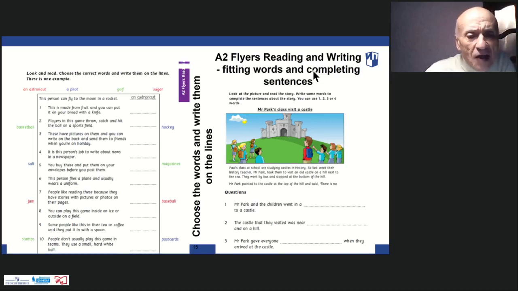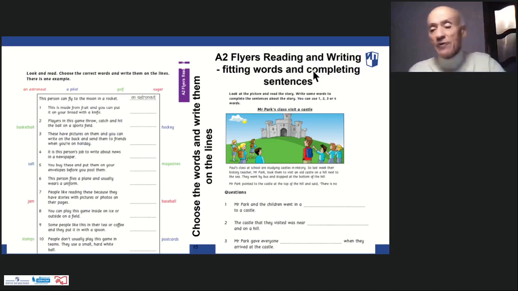And this is made from fruit, and you can put it on your bread with a knife. Could you find this word out of the words around the box? Jam. All right.